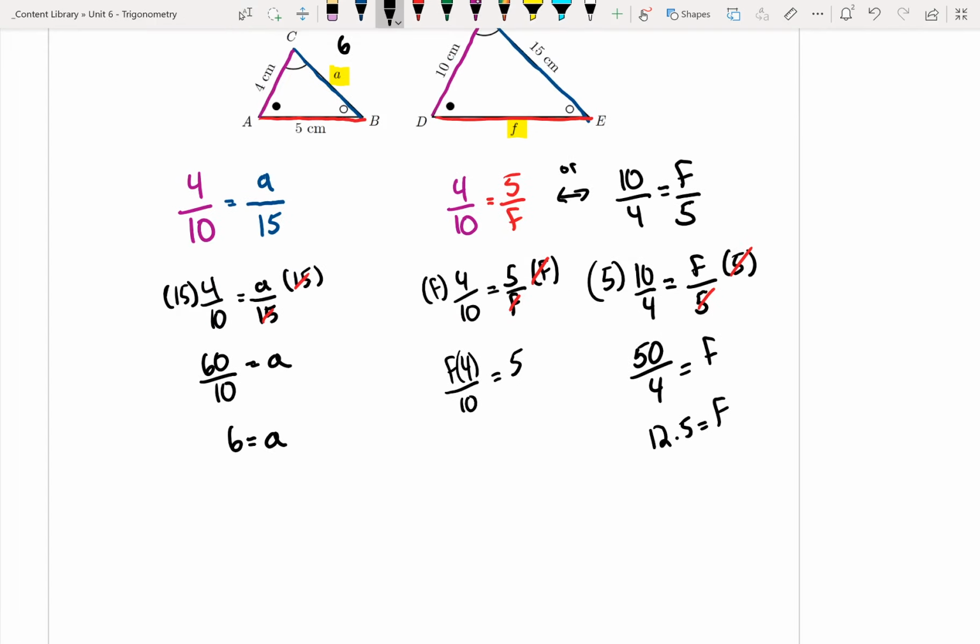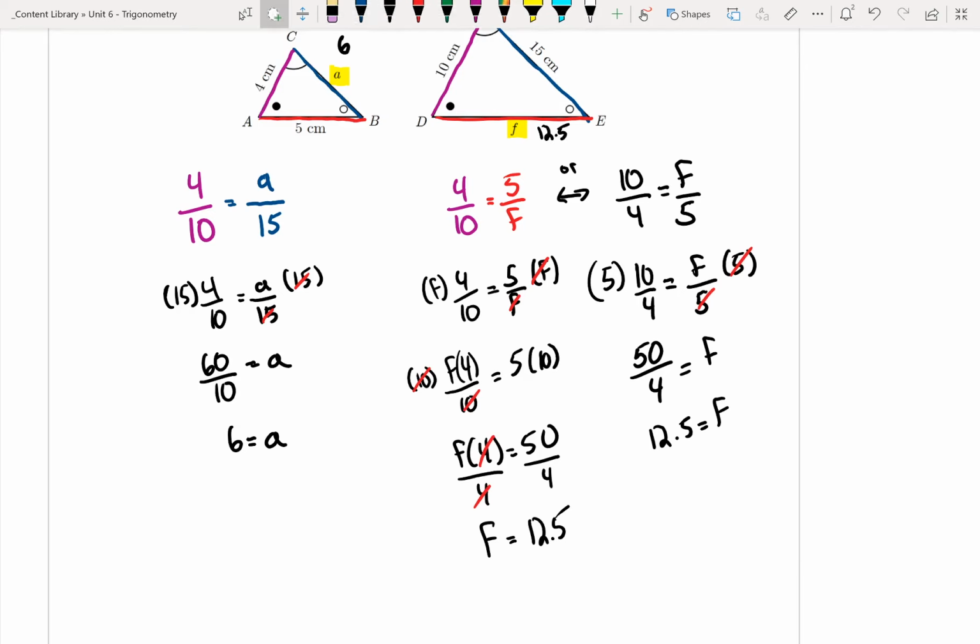I want to get the f by itself now, so I'm going to multiply the one side by 10 to cancel out the division, and multiply the other side by 10. It cancels out on the one side. I'm left with f times 4 equals 50. To cancel out the multiplying, I'm going to divide both sides by 4. One side cancels out, and I get f equals, again, the same answer, 12.5.